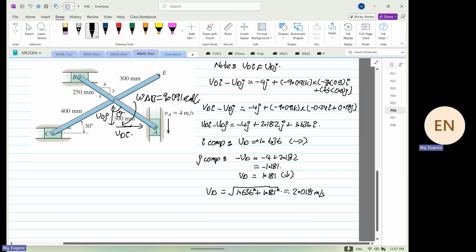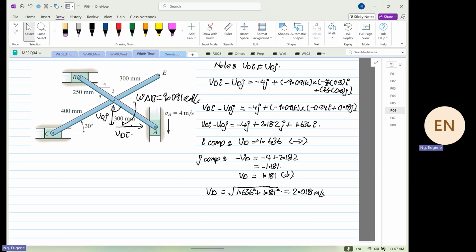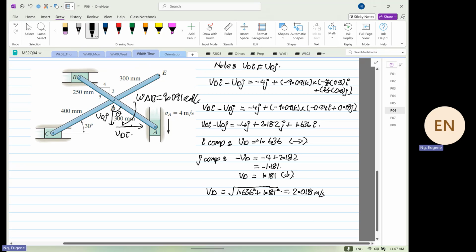Our theta. Okay, so I'm going to call that direction our theta. Okay, so this is our theta. Okay. So we know that tangent theta is equal to VDI, so I direction 1.636, divided by VD, which is equal to 1.181.